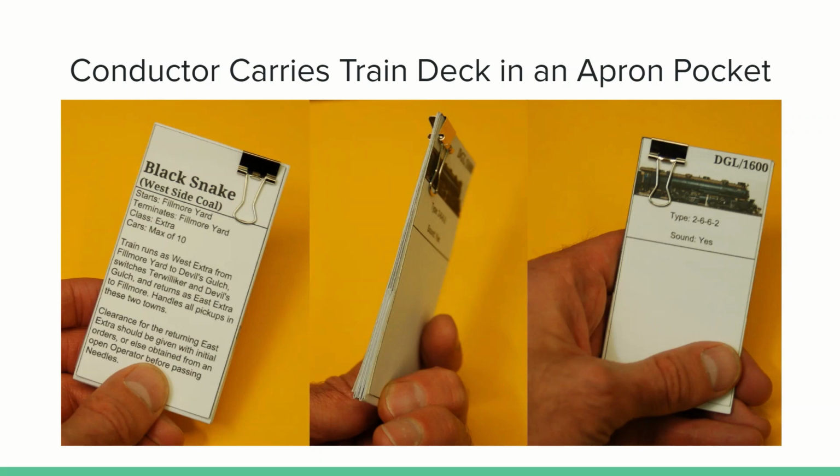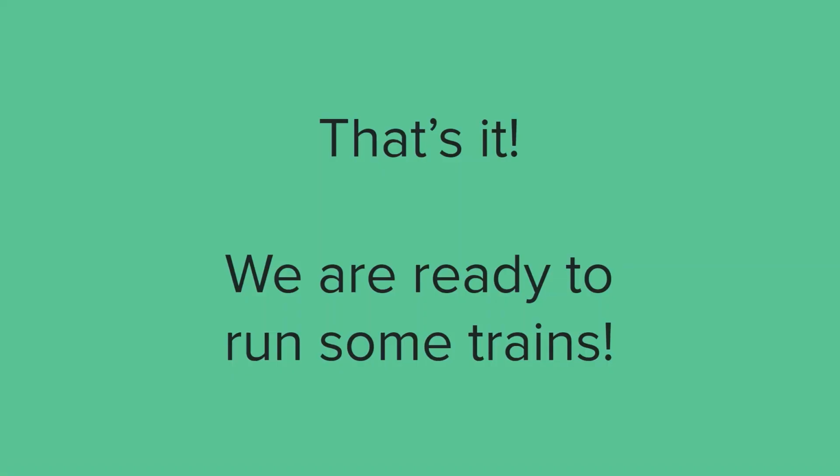As you're going around, you're carrying them together in this sort of packet. I have these little binder clips to hold them together. As you can see, you can flip it over. You see on one side the locomotive information for entering into your GCC system, and on the other side, you see all the details about the train.